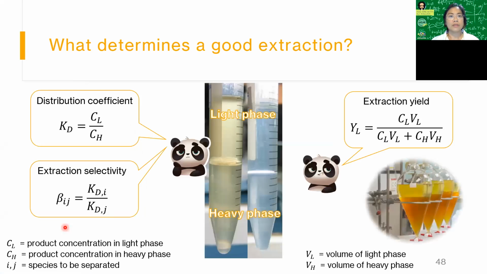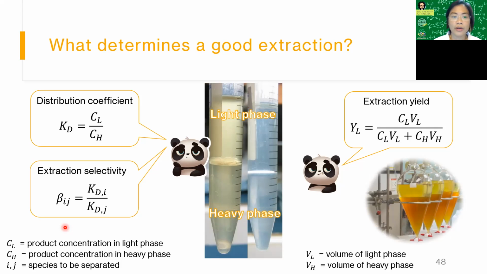Okay. So what determines a good extraction? You see a lot of formulas on this page. I'm not expecting you to be able to calculate them at this stage, but I want to introduce the terms so that if you need to use extraction in your work, you can think about these terms and see what determines whether the extraction you are doing, or the choice of solvent you choose, is good enough.